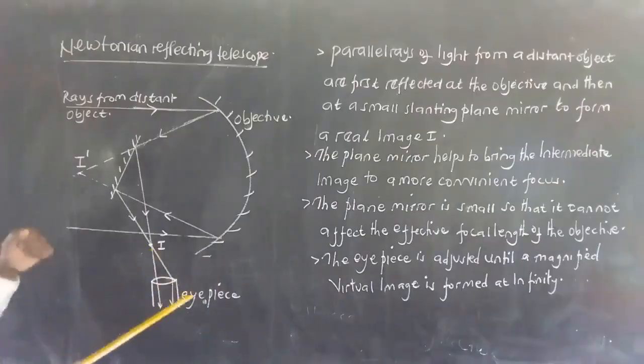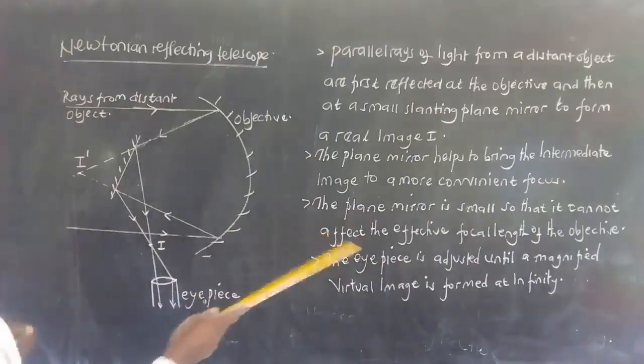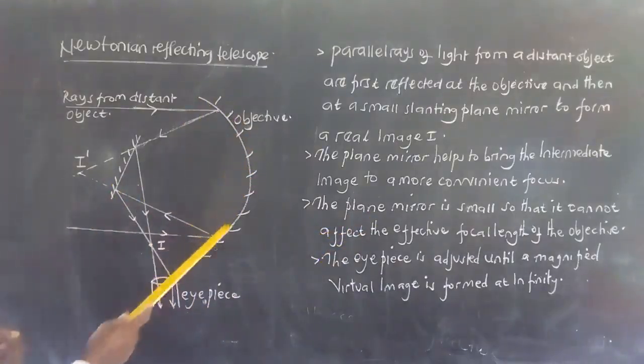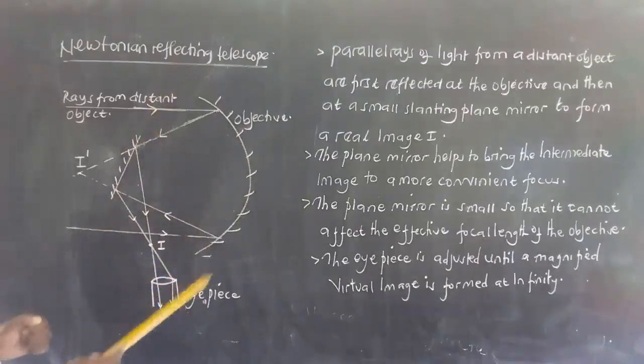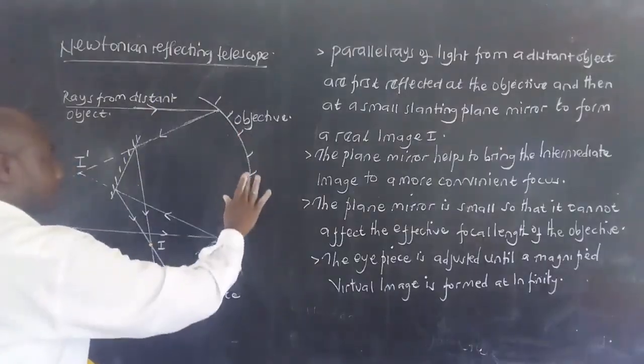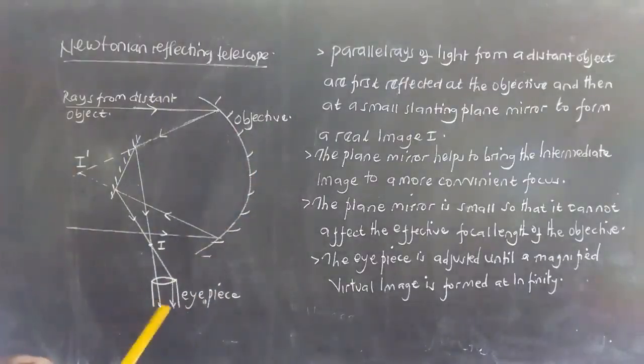The plane mirror is small so that the effective focal length of the objective is not affected.